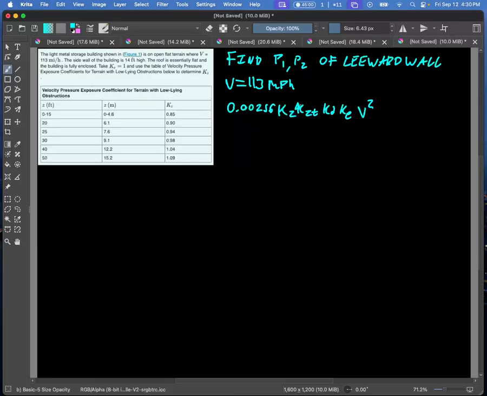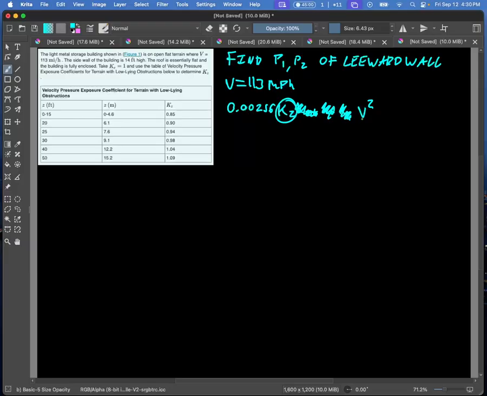We can take this open flat terrain with a direct wind direction, and because we know that it's fully enclosed, it tells us that KE equals 1. So again, we're left with KZ and V squared.